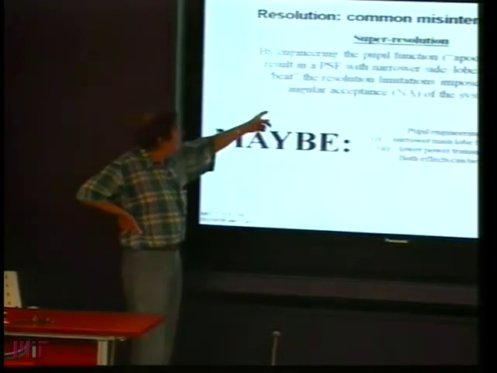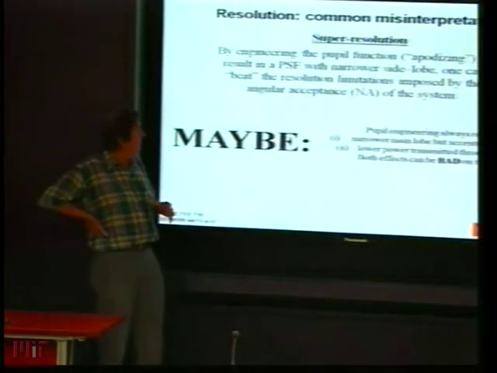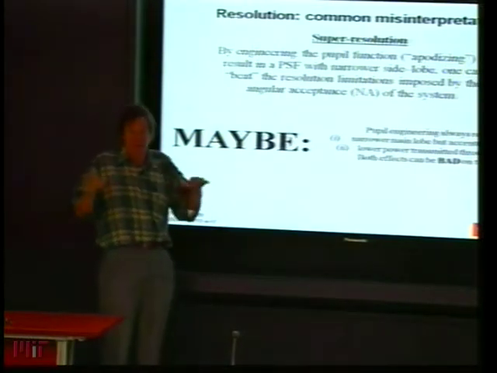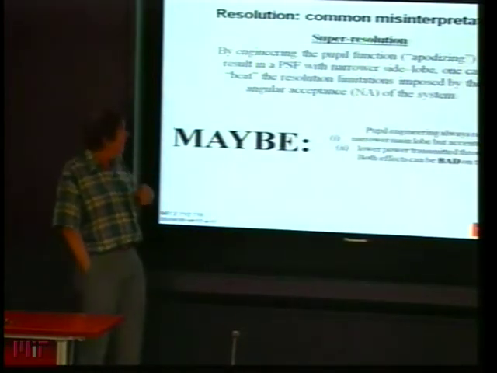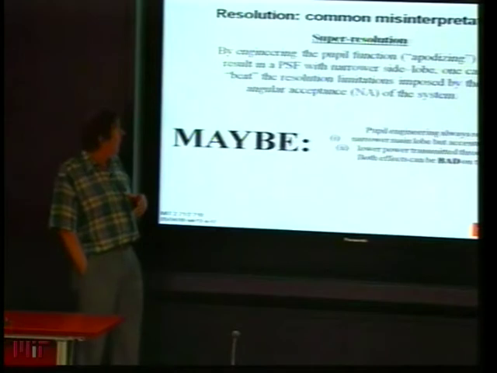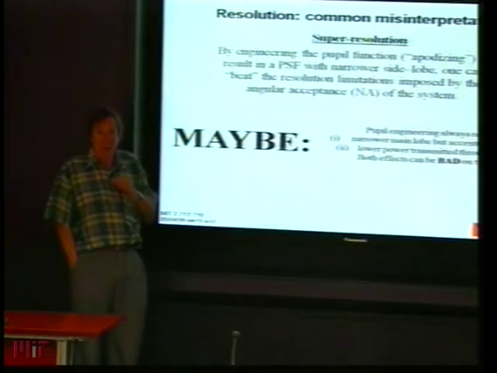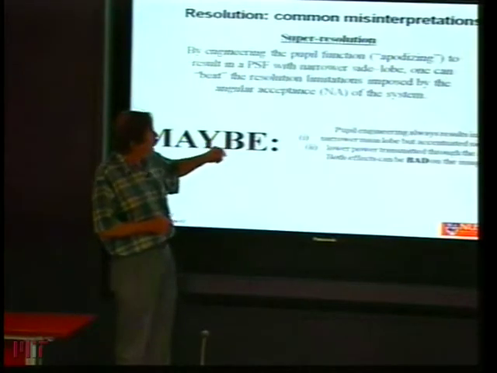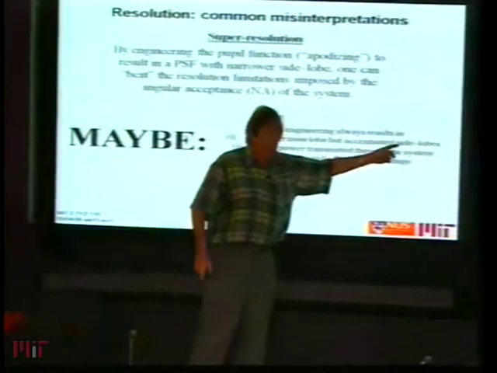But anyway, here he's talking about what are called super resolving filters. What you do is you alter the pupil function of the lens by some clever trick in order to sharpen up the point spread function. And I think that maybe George did mention that earlier on at some point. But the problem is, you never get anything for nothing. You make the central lobe narrower, but you find that the side lobes become stronger.